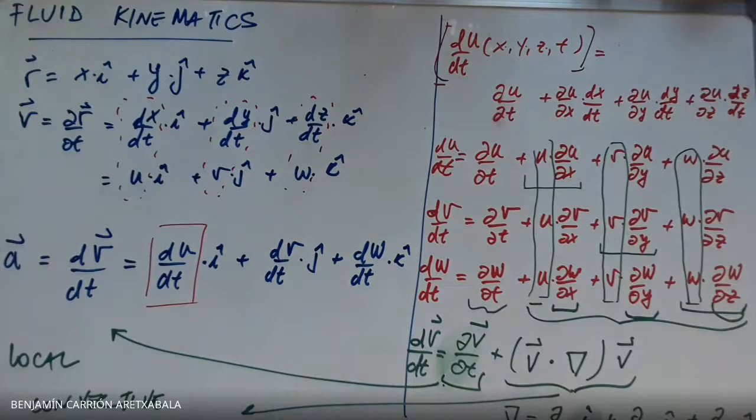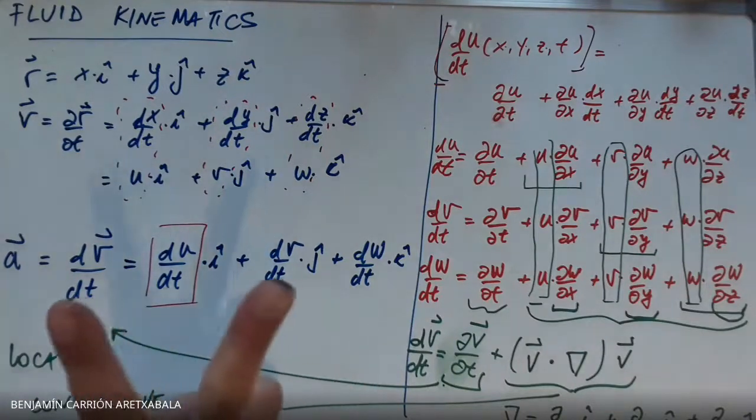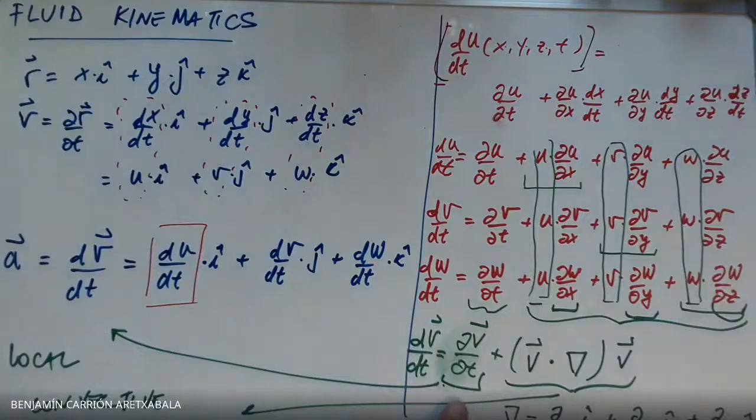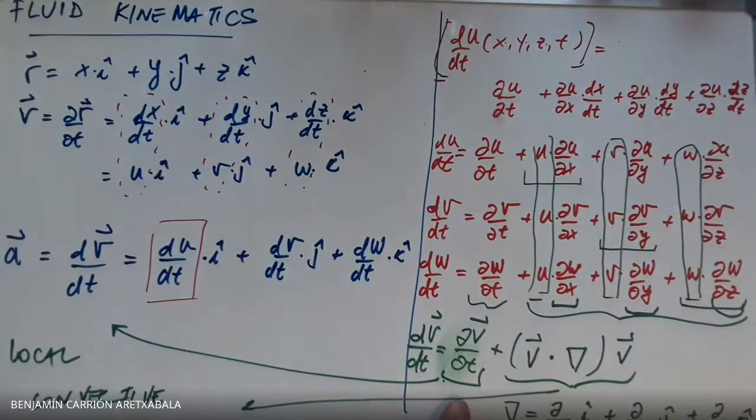So again, to repeat, the acceleration of the flow is due to two effects. One is the change over time of the velocity, and the other is the convective part, the change over space of velocities. And this convection creates an acceleration.